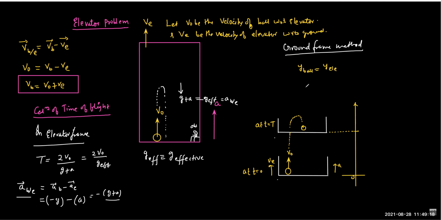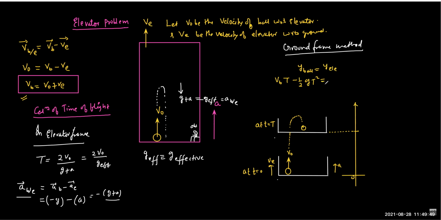And we can write the equation for the ball which is thrown vertically. What is the velocity of the ball in the ground frame? You can see here, v_B equals v_0 plus v_E. So you can write y of ball as v_B t minus half g t squared, because the ball is in free fall.